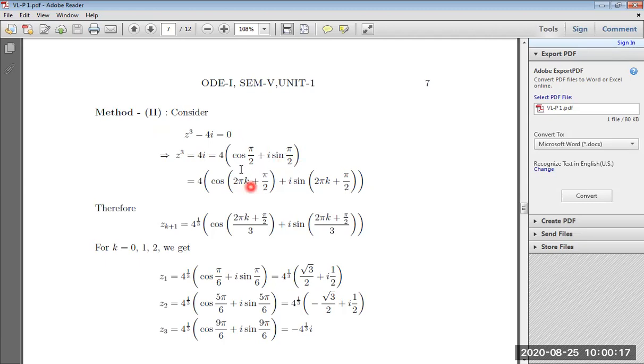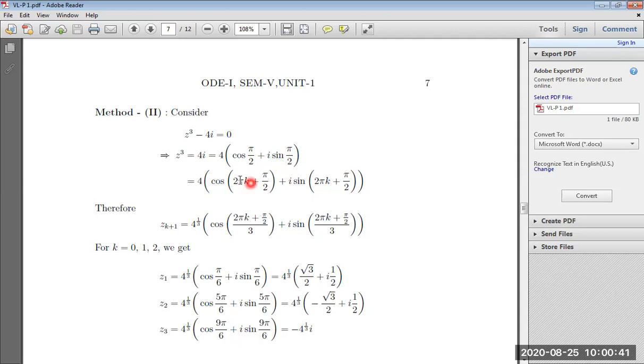So cos of 2 pi k plus theta is nothing but cos theta. Similarly, for this expression, this value is nothing but sin pi by 2. So this is the generalized form of cos pi by 2 plus i sin pi by 2 because of this identity.